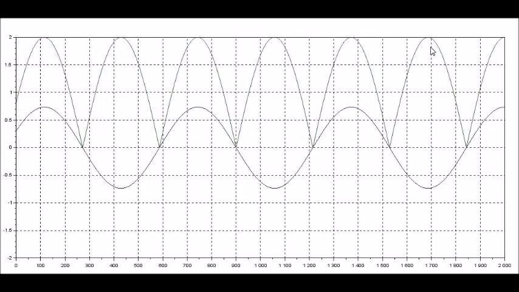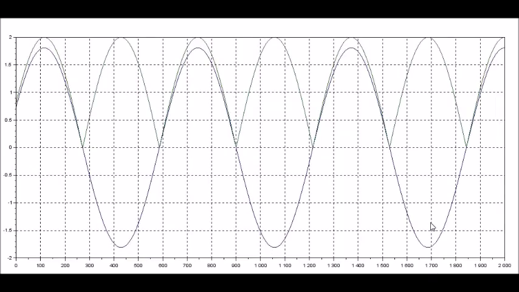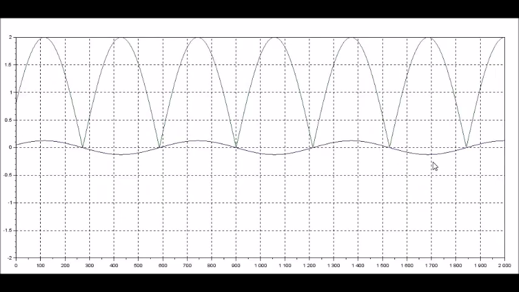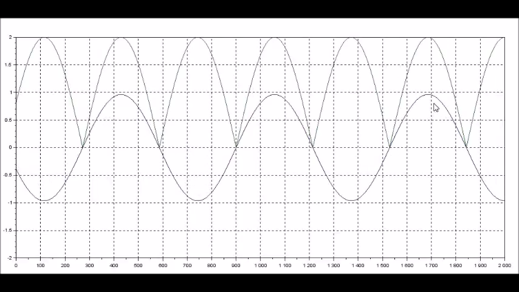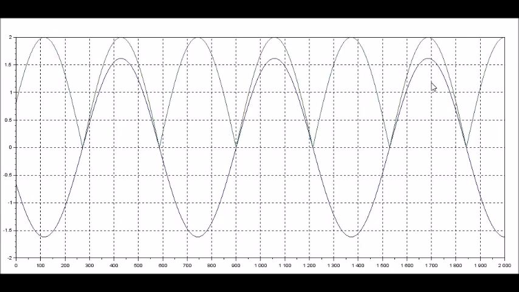And you can see that if you concentrate on 1700 or just below 1700, please trace my mouse, you can see that the waveform amplitude is reaching its positive peak, and then it starts to drop.